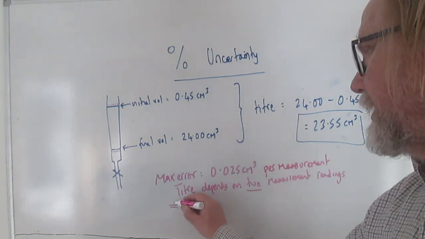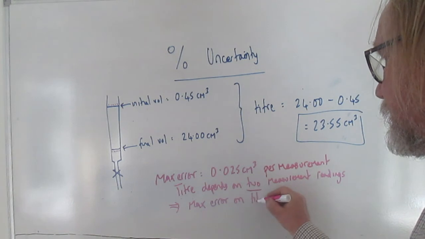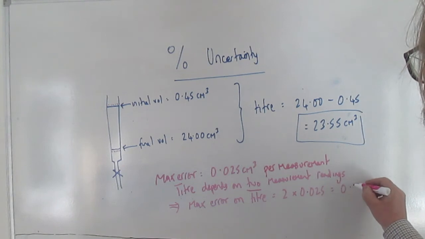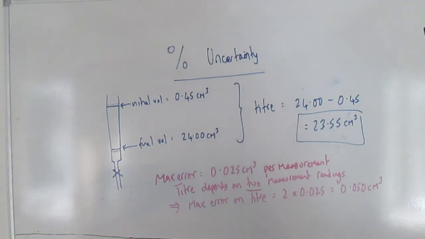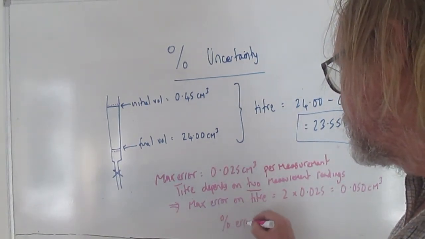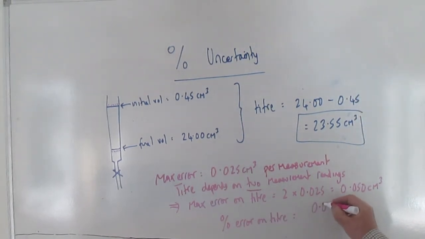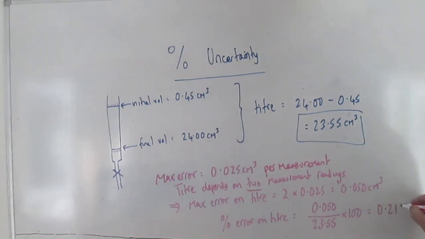And that means that the maximum error on the titer is 2 times 0.025, which is 0.050 cm cubed. So the percentage error on the titer is that maximum error 0.05 divided by 23.55 times 100, which equals 0.21% would be the error on that reading.